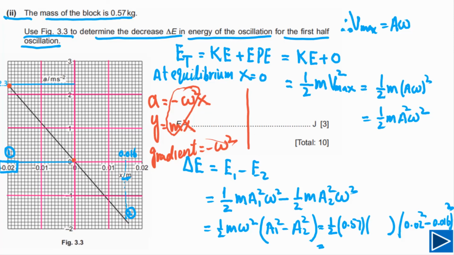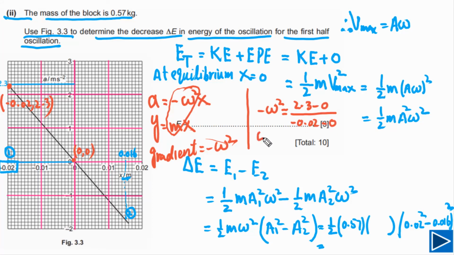If you look at coordinates of this point, we have negative 0.02 comma 2.3, and this point has coordinate 0, 0. So in this case we can write down minus omega squared is equal to gradient. So we have 2.3 minus 0, divided by negative 0.02 minus 0.